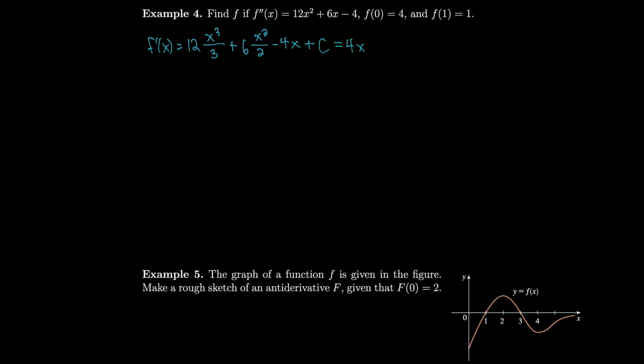Simplifying, we get 4x cubed plus 3x squared minus 4x plus c. Taking another antiderivative, we get 4 times x to the 4th over 4 plus 3 times x to the 3rd over 3 minus 4 times x squared over 2 plus, well, when you take the antiderivative of a constant like this one, you just add an x.